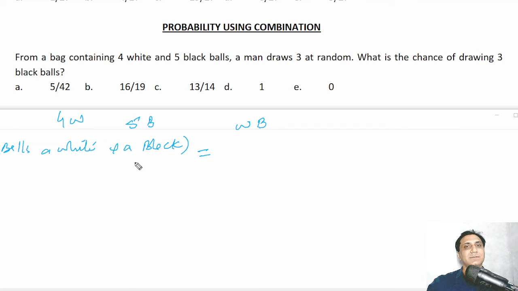Now the second is black. We have 5 black balls still, but we don't have 9 anymore, we have 8. So this is the probability of choosing first white and second black ball.